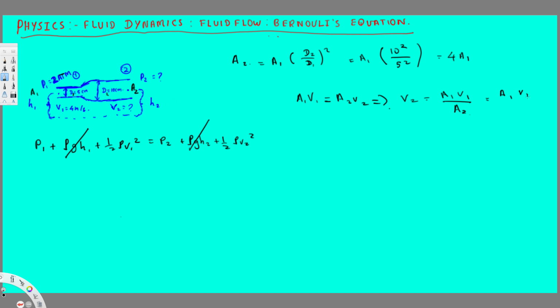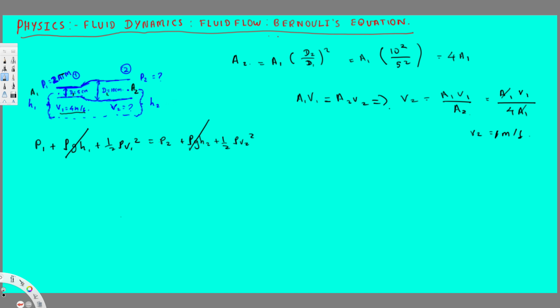A1 V1 over 4A1, so A1 cancels. We have 4 right here. We already know V1, which is 4 meters per second. So this cancels with this one, and therefore V2 is going to be equal to 1 meter per second. So we have V2 now.